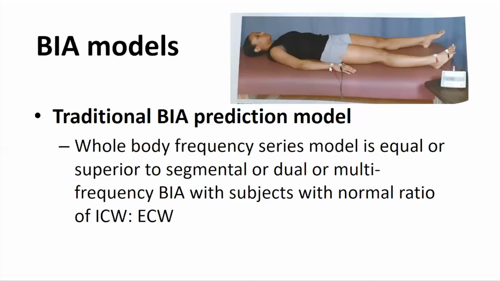Then you would attach electrodes to the individual, and this machine would send an undetectable electrical current that you cannot feel through the body and give you the percent body fat based upon the speed of that current.